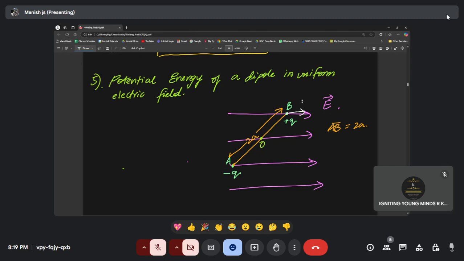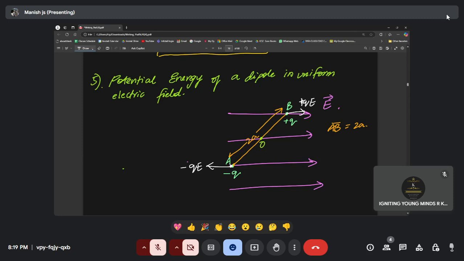So it will experience plus QE force towards the right. Similarly, the negative charge at point A will experience minus QE force towards left. So when two equal and opposite forces operate along the ends of this dipole, the dipole experiences a turning effect, which is called a torque. It will start to rotate about the axis of the dipole.